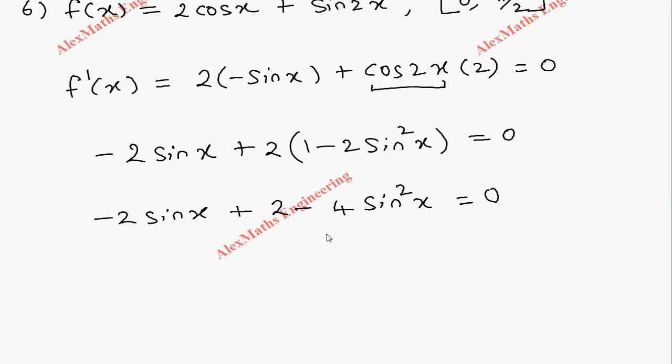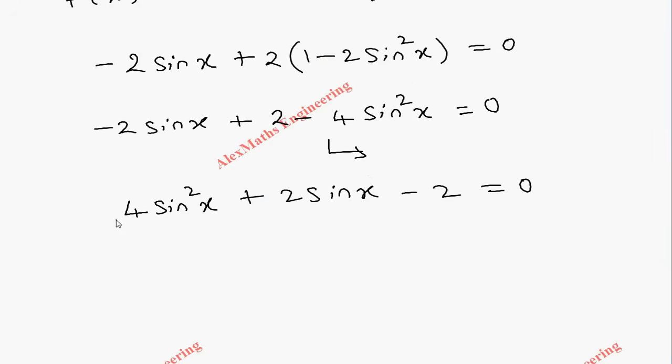Let's rearrange the quadratic equation. Let's take all the terms to the other side. So 4 sin square x plus 2 sin x minus 2 equal to 0. We can divide every term by 2. So 2 sin square x plus sin x minus 1 equal to 0.